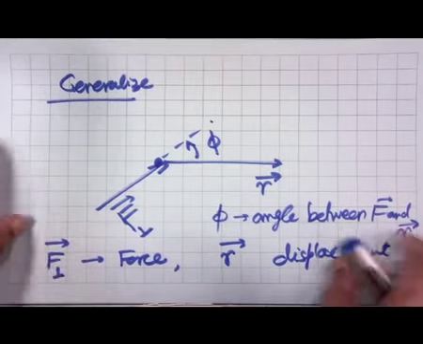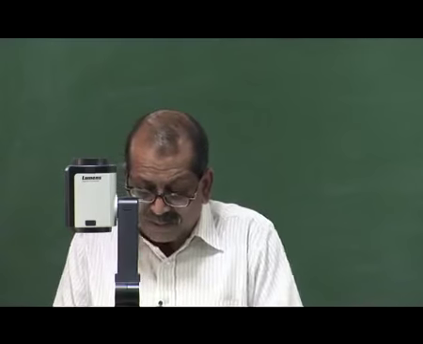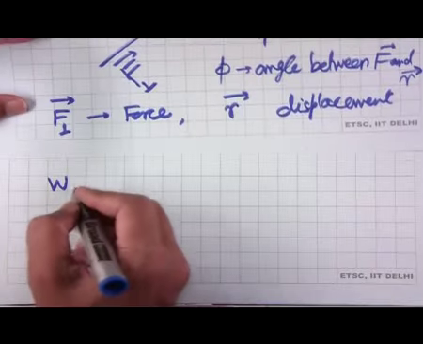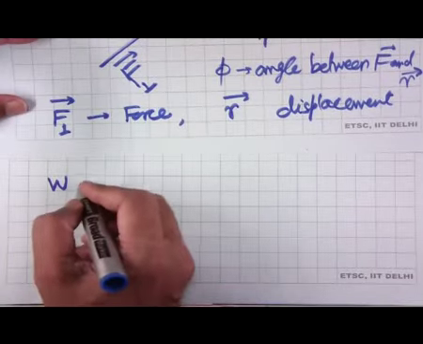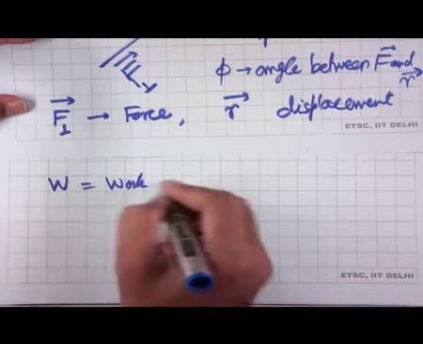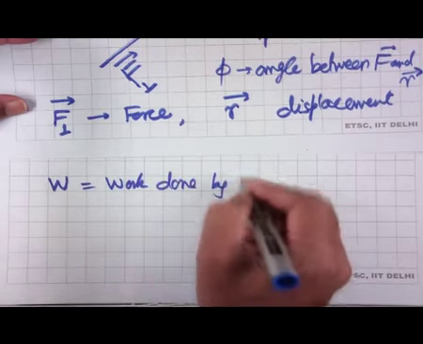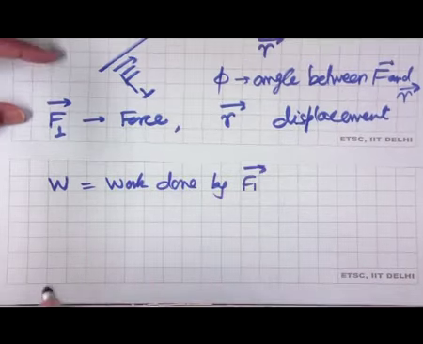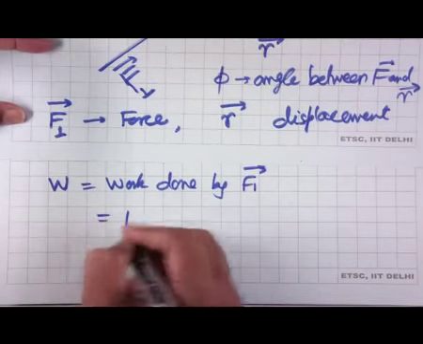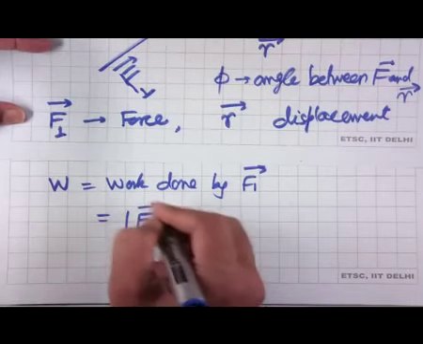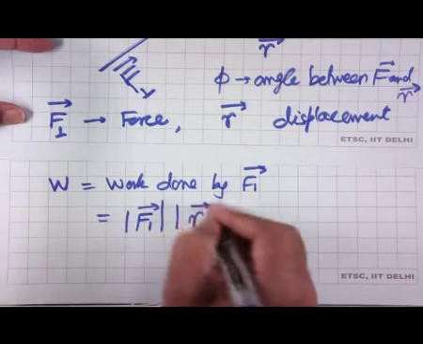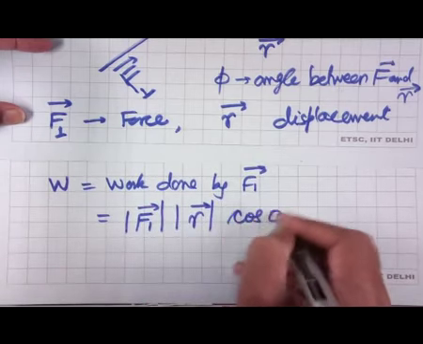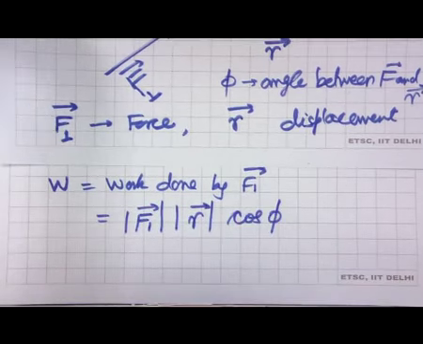In this case, we define the work done W by F1 as the magnitude of F1 times the magnitude of R times cosine of phi.